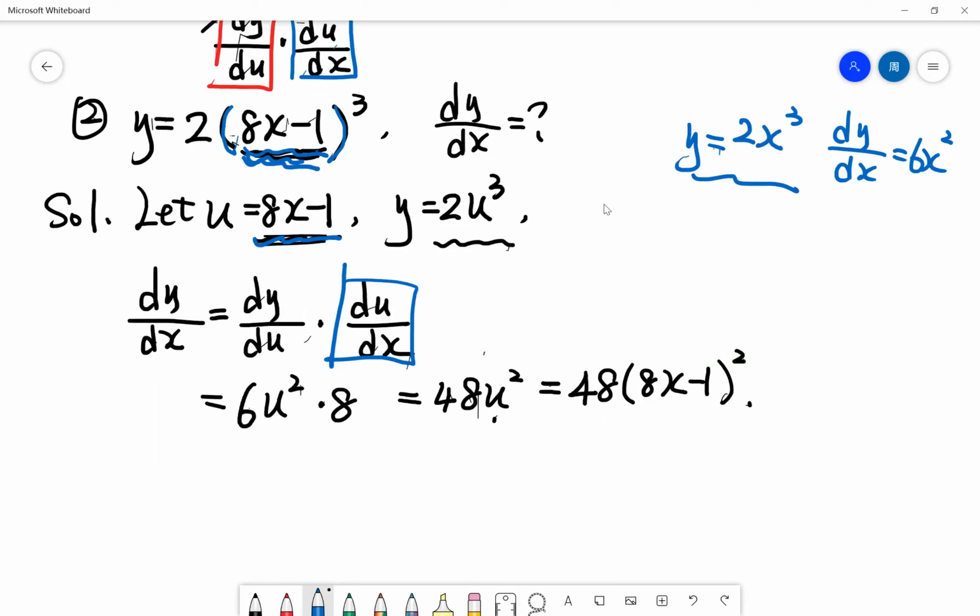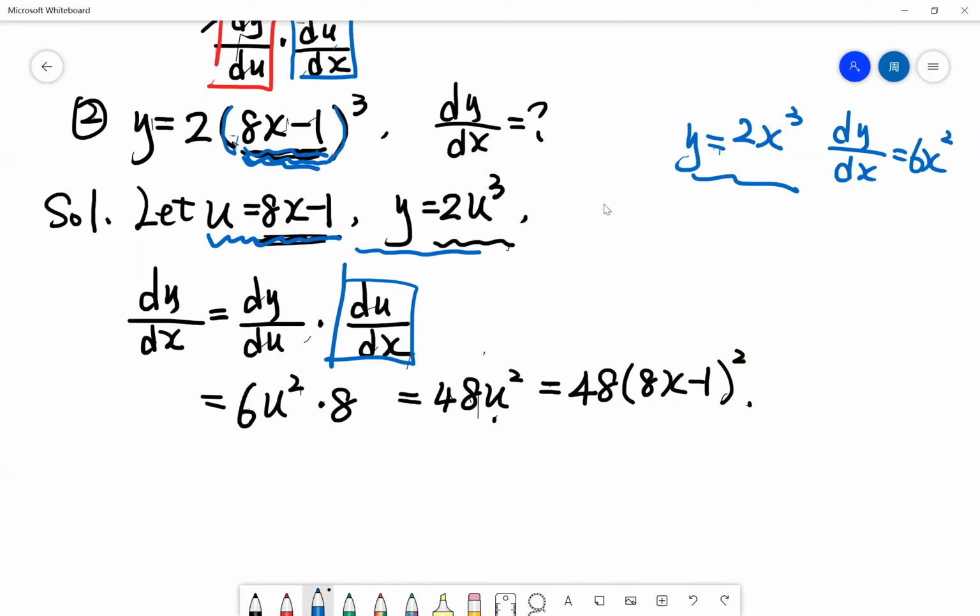So we separate the function into two parts here. So this is the first line. And then, how can you get y equals 2u to the power 3?